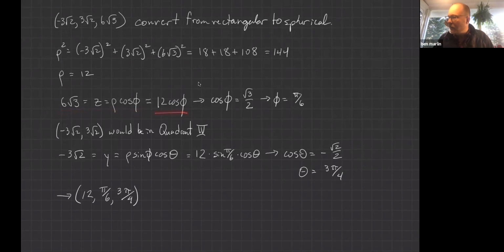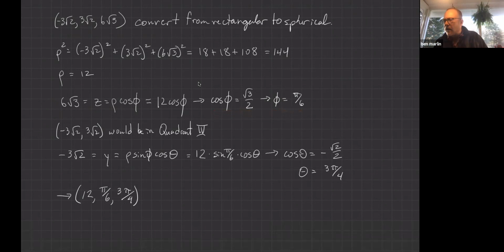So that means that you can solve and get cosine of phi is square root of 3 over 2. And so figuring out your phi, because it's always going to be between 0 and pi, you should always try to use an inverse cosine, not an inverse sine. Okay, use an inverse cosine. And fortunately, that's a special angle, so we end up with pi over 6.